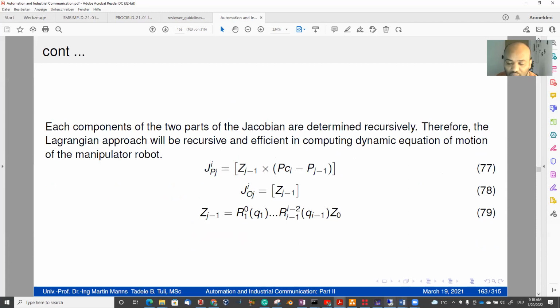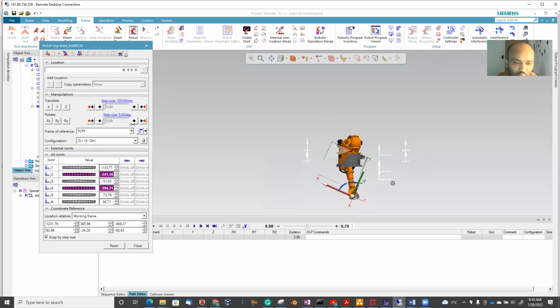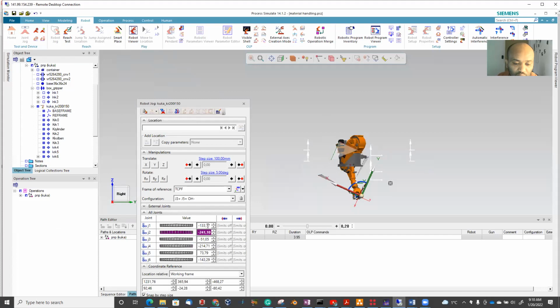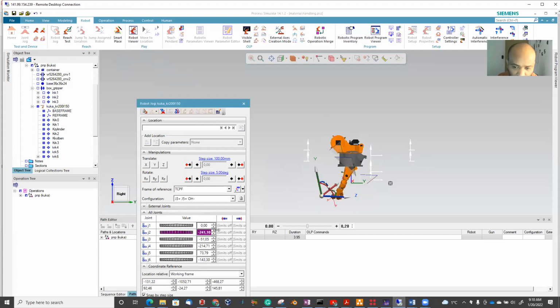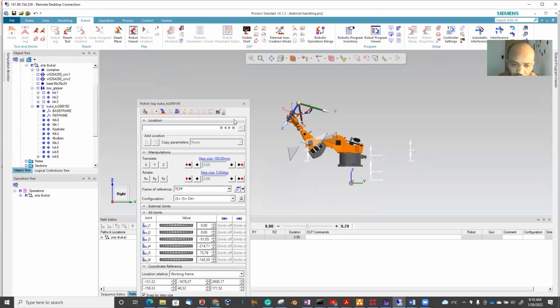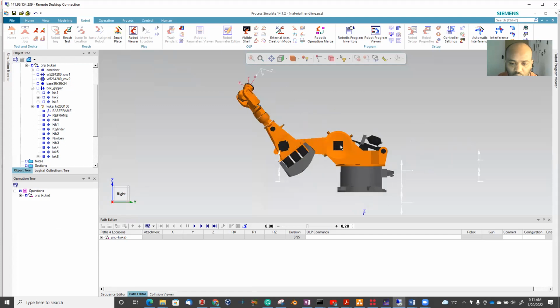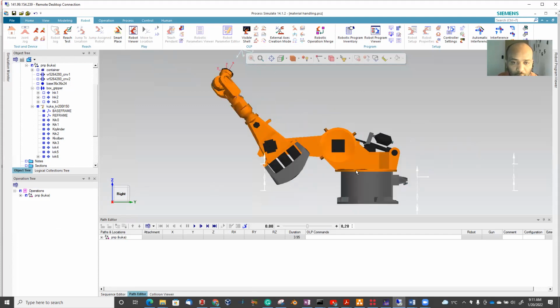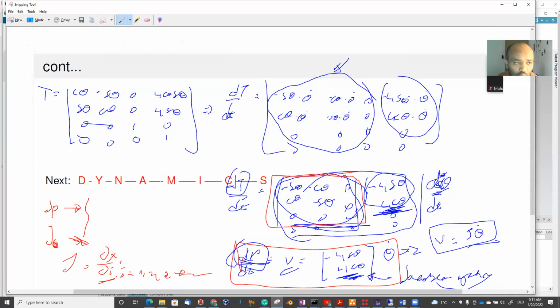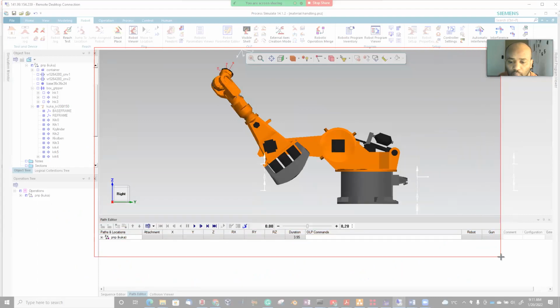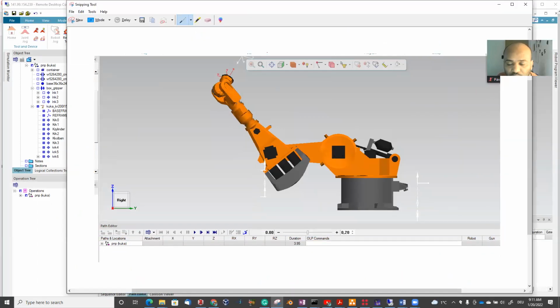For example, if you have these robots, I would like to make it clear. Now for this robot, okay?